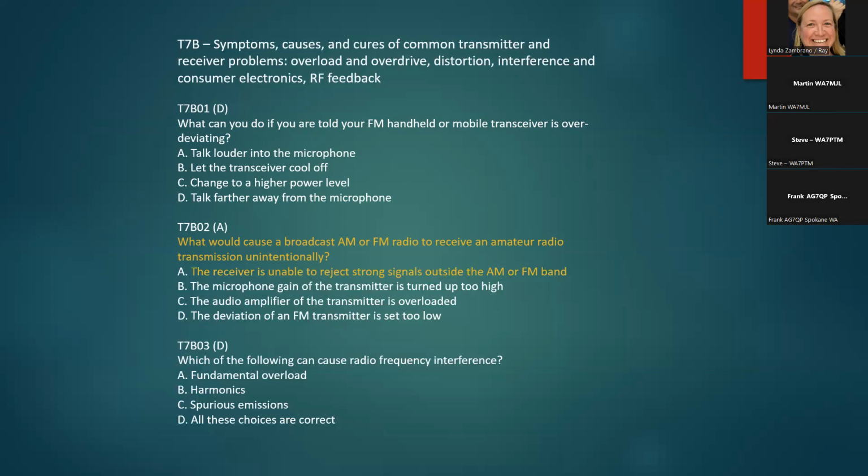The main reason is that the receiver in the radio is unable to reject these strong signals outside the AM or the FM band. And a standard FM radio is in the 100 megahertz band, and a VHF transceiver is in the 144 megahertz band.